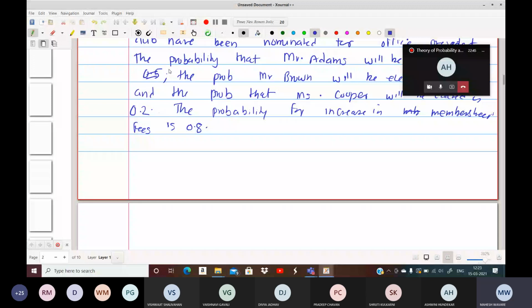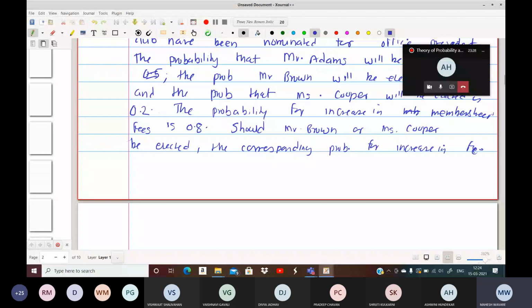Should Mr. Brown or Ms. Cooper be elected, the corresponding probability for an increase in fees are 0.1 and 0.4 respectively.